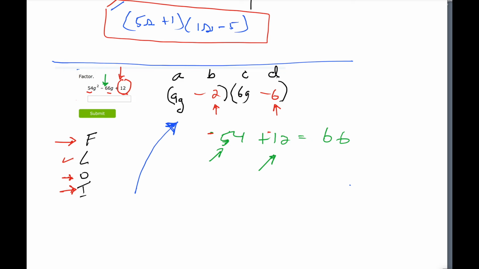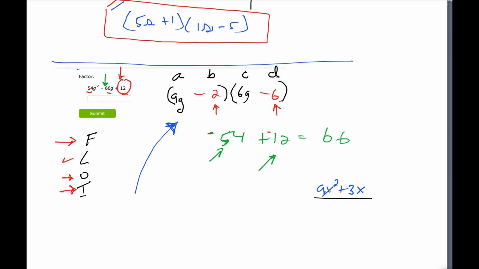If I have, let's say, 9x squared plus 3x, this is a different type of factor problem. I call it popping out. What can you pop out? Good, more than just a 3. That's a type of factoring.